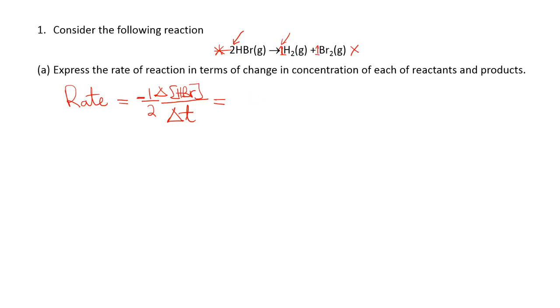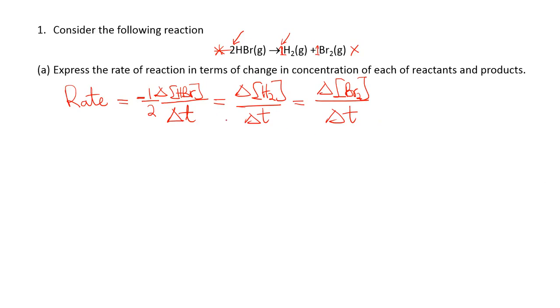And we are forming products. So the rate is equal to negative half change in concentration of HBr over change in time. This is equal to change in concentration of hydrogen over change in time, especially as we have only one hydrogen here, which is equal to change in concentration of bromine divided by change in time.